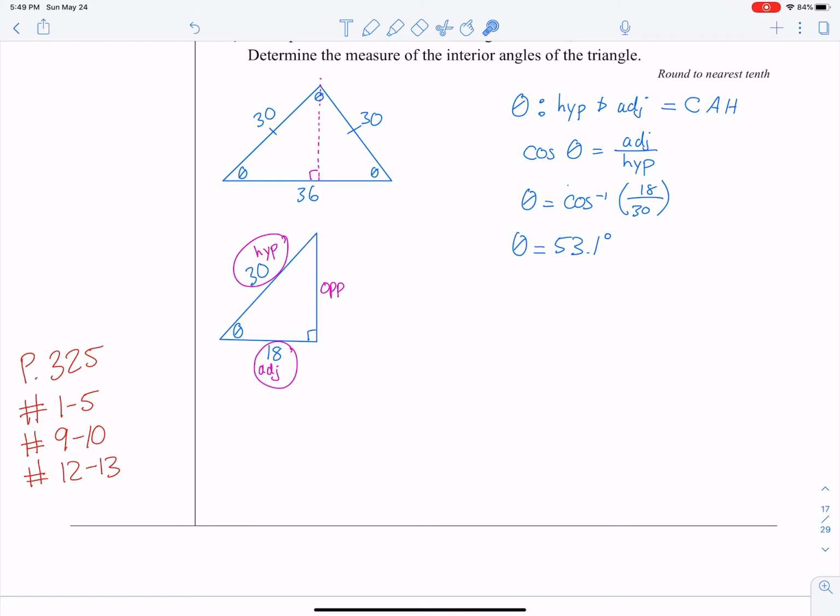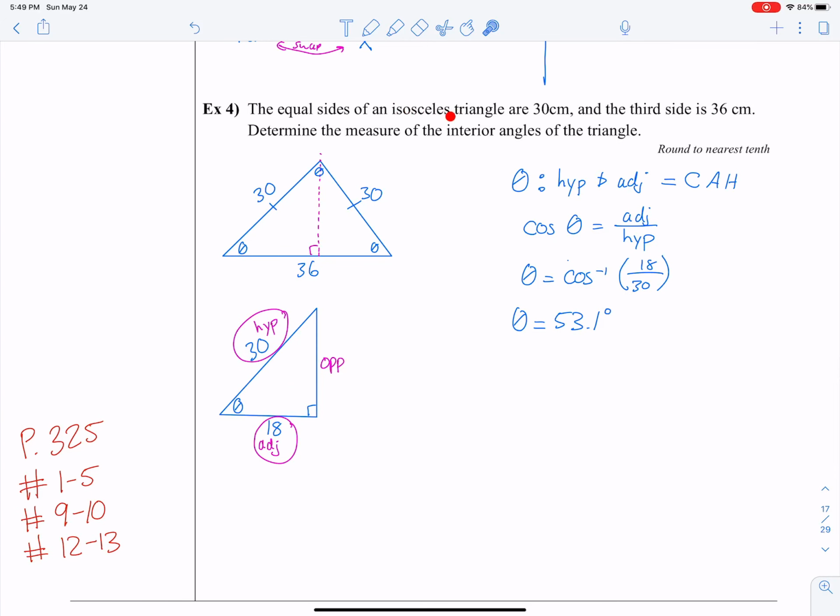So I remember when I'm dealing with an isosceles triangle, the angles that are opposite the identical sides are identical. So if this one is 53.1 degrees, that means this one is 53.1 degrees. So I know now two of my angles. To find this third one, it doesn't matter if this is a right triangle or not, all three of these angles still have to add up to 180.